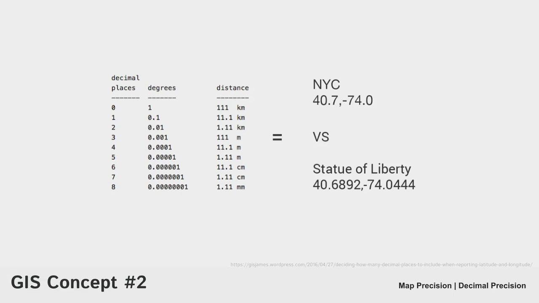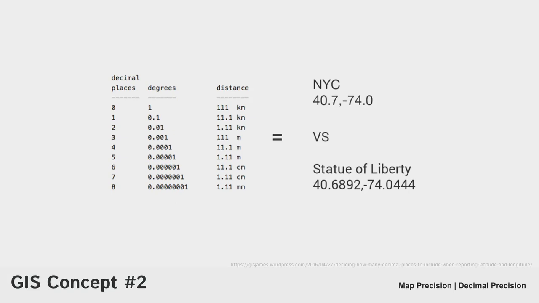So if we want to know exactly where the Statue of Liberty is and exactly where all the particular locations are in the map that we're producing in terms of points, we need to have high precision. And the way that we derive high precision is we just use the decimal places to produce that high precision.